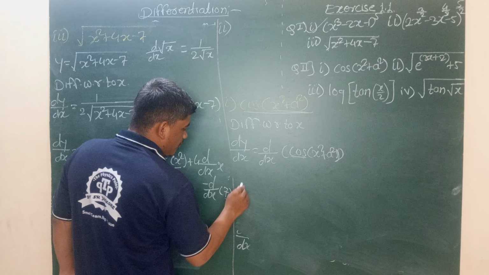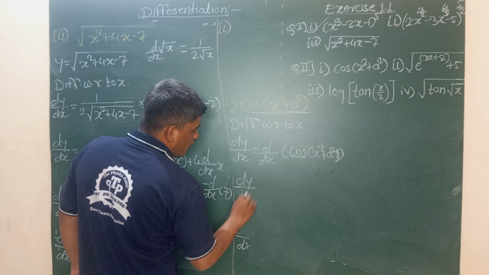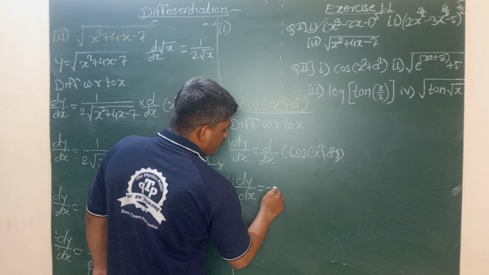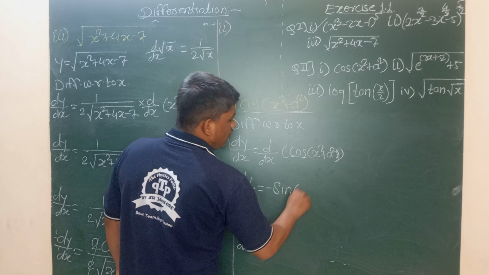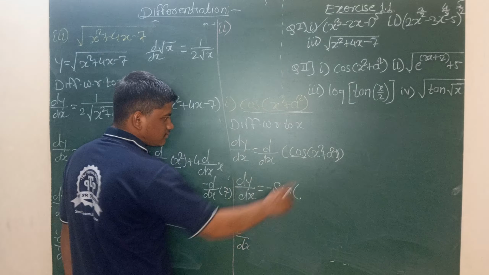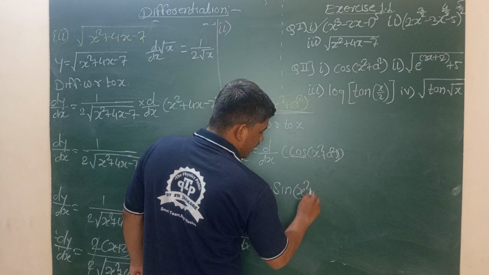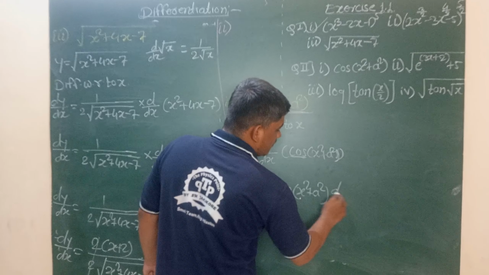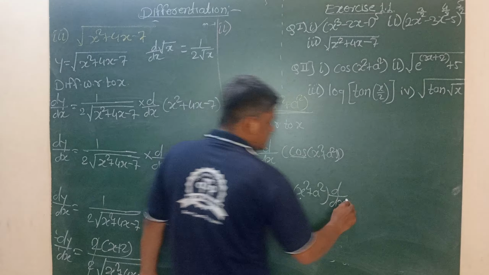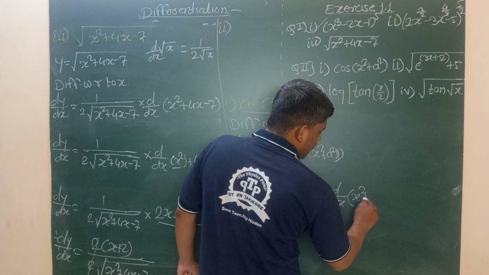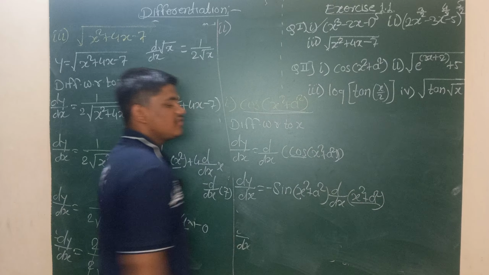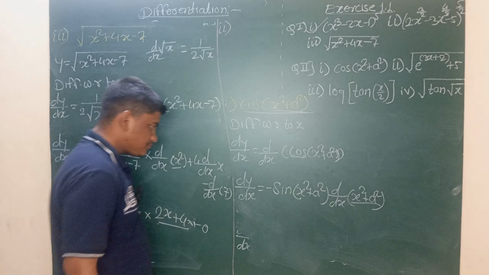And the differentiation of cos x is minus of sin x, so dy by dx is equal to minus of sin, what is the value of x, x square plus a square. Now again differentiate this x, which is x square plus a square.